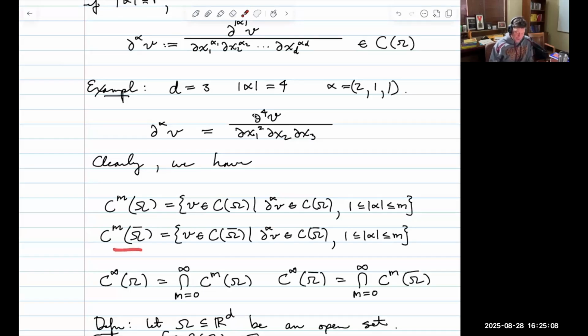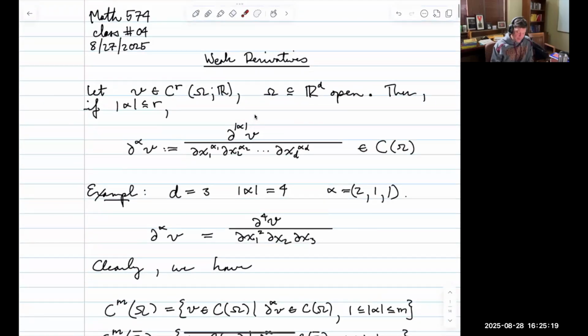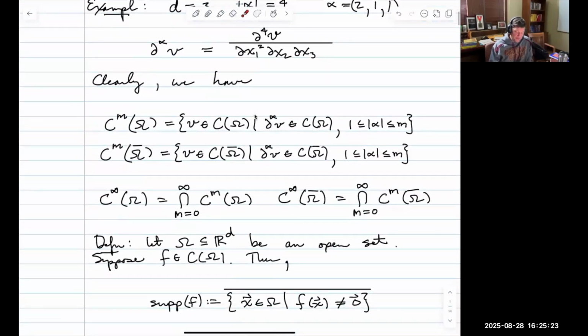So this is the set of all functions v in C, continuous functions from omega bar, the closure of omega, into R. I've dropped the R here because that's usually understood when they're real valued functions, such that the alpha partial derivative of v is also a continuous function over omega bar for all multi-indices of order between 1 and m.